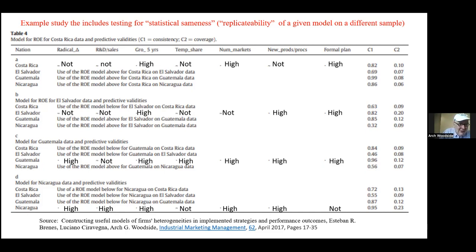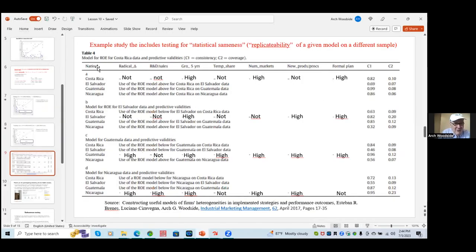Costa Rica is the first set up here. If you look up here at the top, here's Costa Rica right here. And this is a model for Costa Rica, and you're looking at return on equity as an outcome. Cases high on return on equity can be predicted by these conditions.